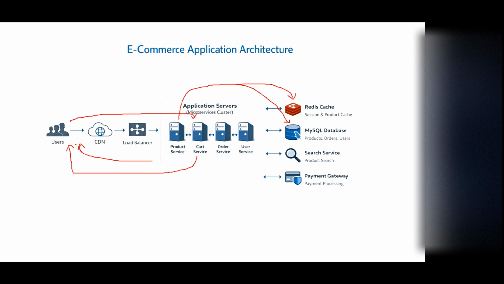Immediately, the user is going to click on the checkout button. Once he clicks on the checkout button, one request will hit the order service. Once checkout is done, the order service will trigger, and again it will verify whether the inventory is available for that particular product or not.